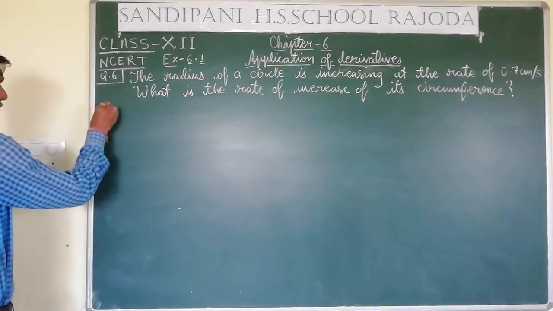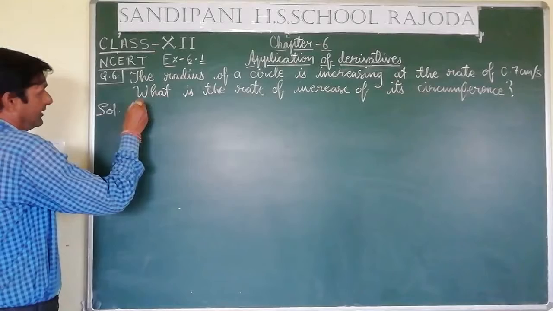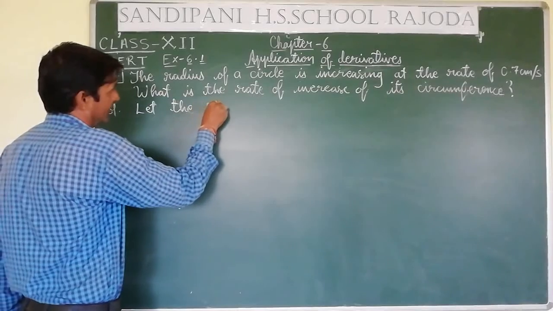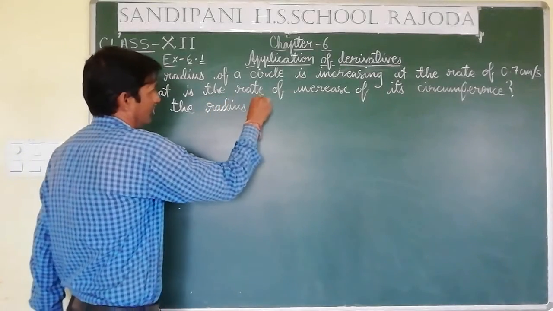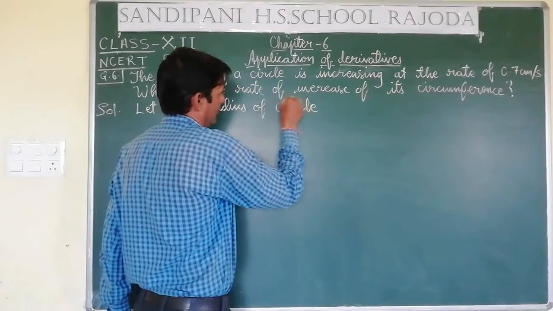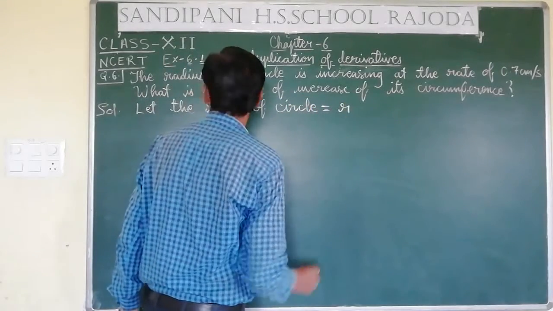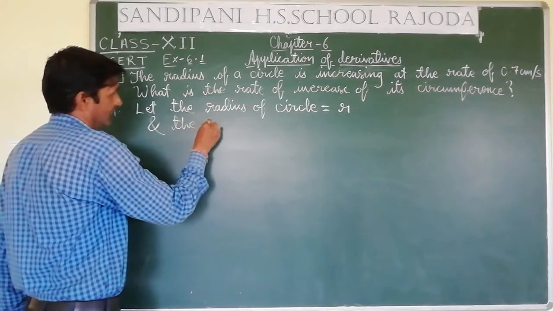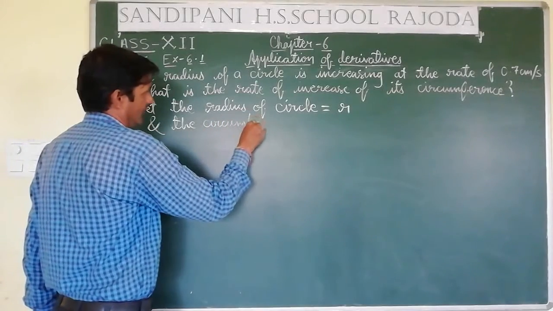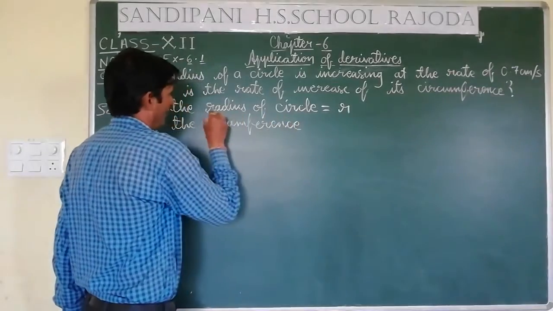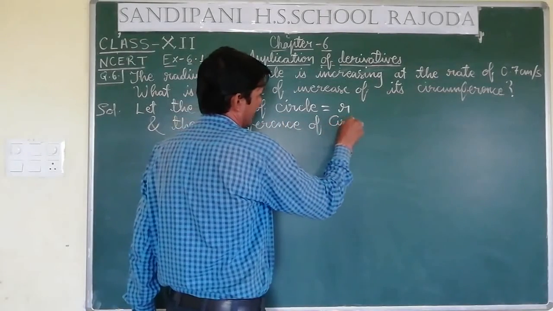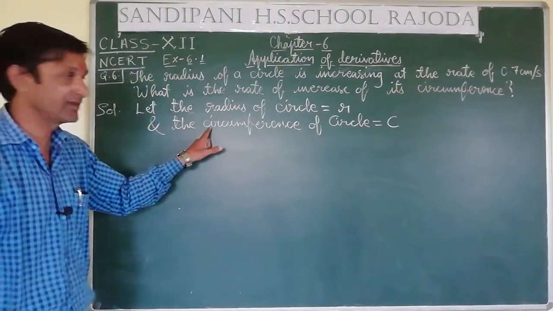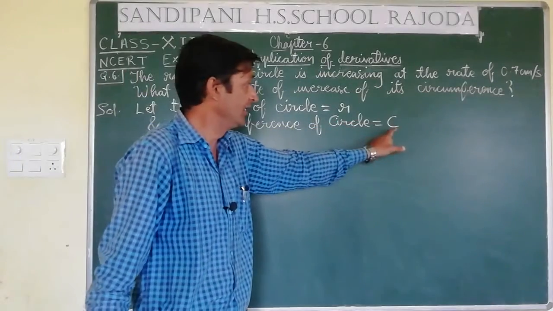So for this in solution, first of all we have to mention that let the radius of circle be equal to small r and the circumference of circle be equal to capital C, because the first letter of circumference is capital C, that's why we have denoted it in the form of C only.